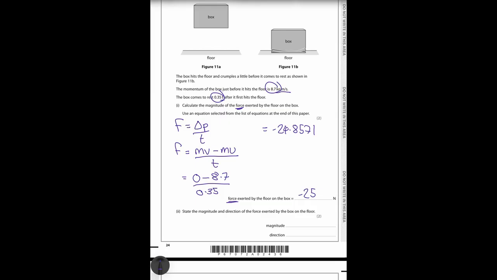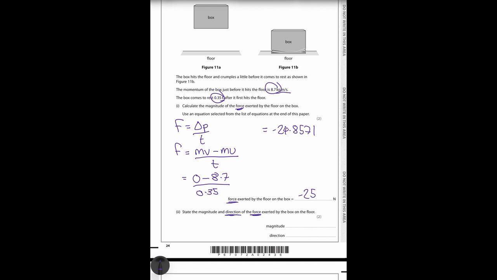Well, I can see that it's something to do with force. The question is about force, and I can see the word direction in here as well. So whenever it's to do with forces, I know it's probably going to be something to do with one of Newton's laws. Here we've got an indication, it says floor on the box and then the box on the floor, and the fact that it says the word direction in there, this is all telling me, yeah, this is going to be Newton's third law.